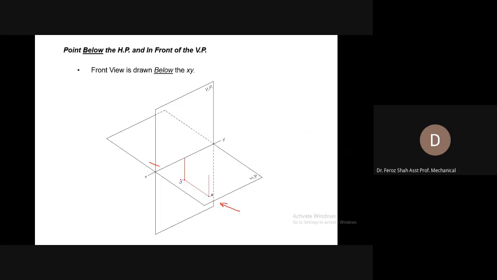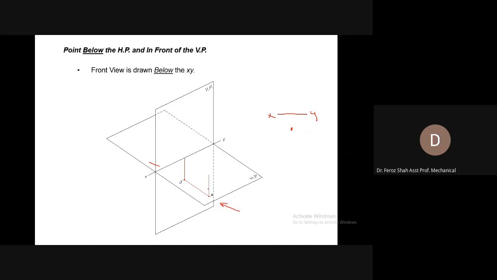So its front view would be drawn at the vertical plane, but look at it, it is coming below the XY reference line. How much below? That much which the point A is below the horizontal plane.